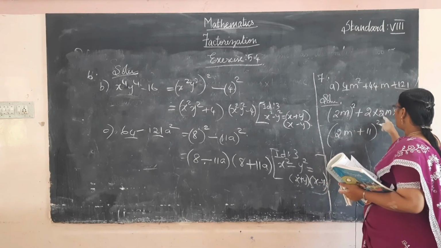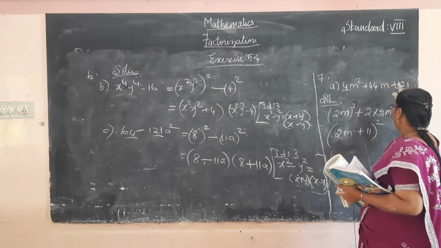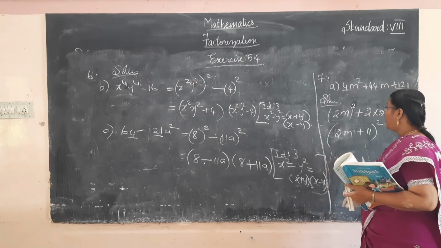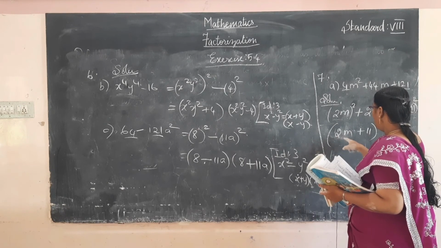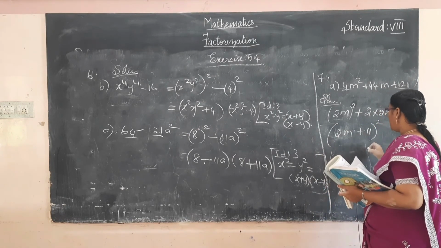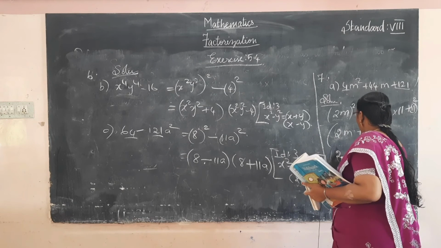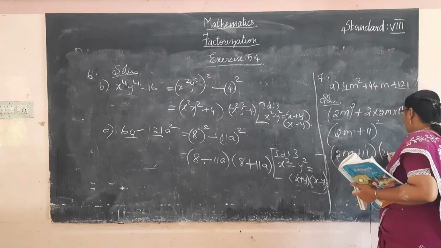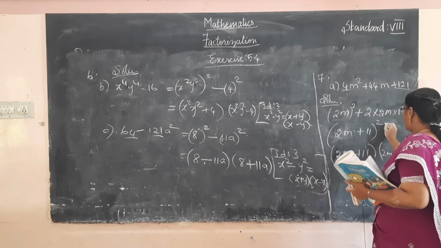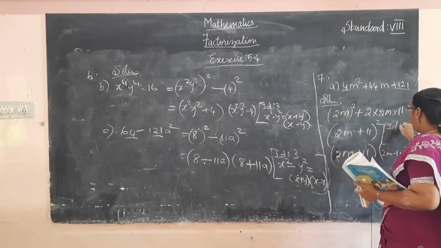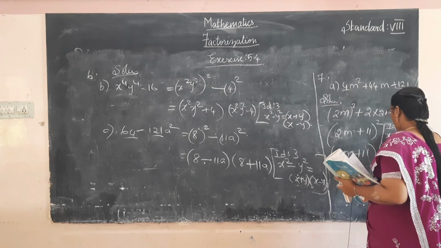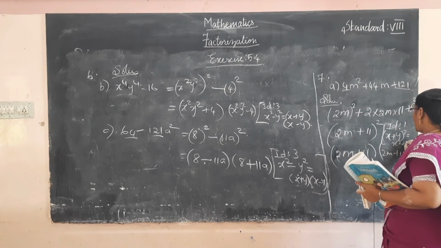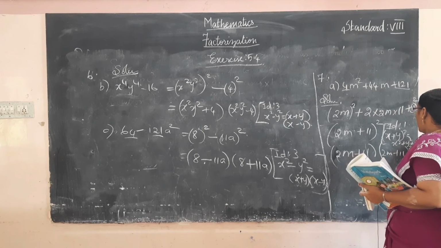Is it? 2 2s are 4, 4 11s are 44, 44m. Here 11 square is 121. So we get the factor 2m plus 11 the whole square. It can be written as 2m plus 11 into 2m plus 11, since we have used identity 1: x plus y the whole square is equal to x square plus y square plus 2xy.